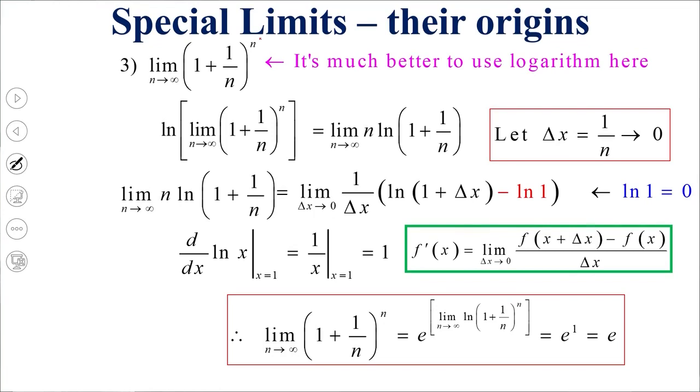So if I let this limit be equal to, say, y, I will take ln of this y. I will let this limit of 1 plus 1 over n to the power n be equal to y. So ln of y, I'm taking the natural logarithm of either side, both the left and the right side, and then what happens is it becomes equal to the limit of n times ln of 1 plus 1 over n.